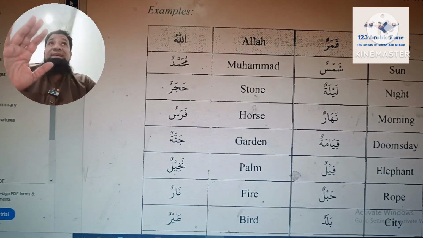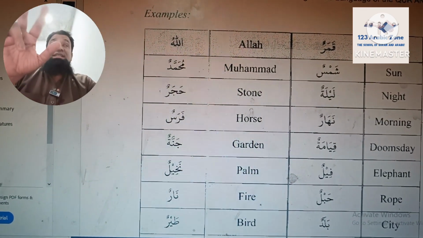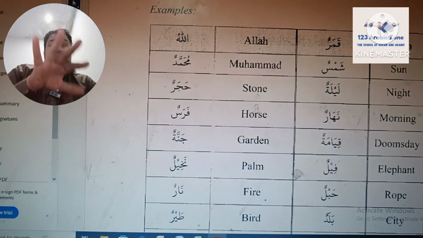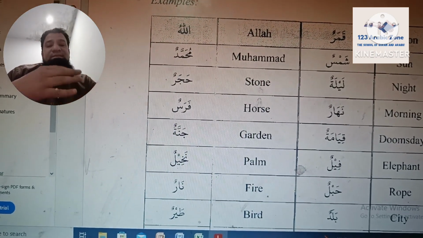So you know very well that there are two classifications, definite noun and indefinite noun.